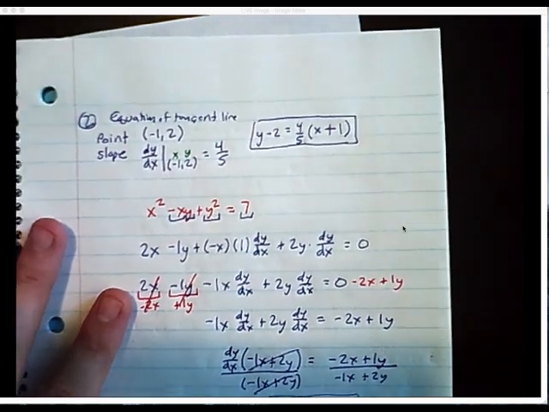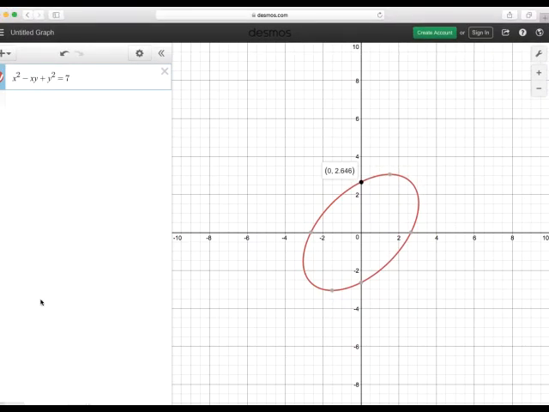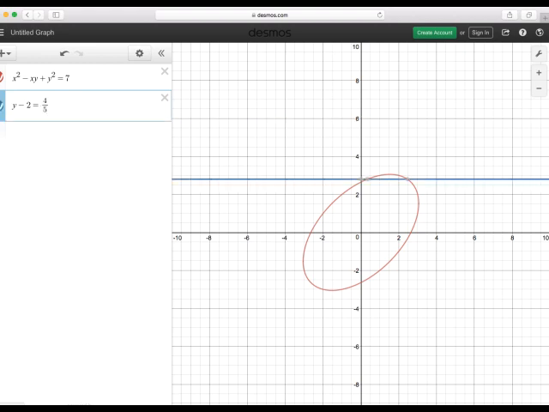Okay. So let me go back to Desmos really quick, and I'll show you what the tangent line looks like. So I think the equation of the tangent line is y minus 2. It's really nice with Desmos because you can type it in point slope form.